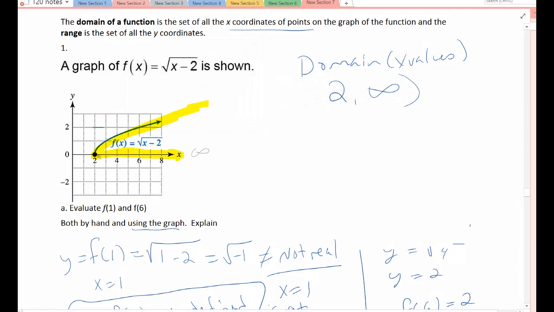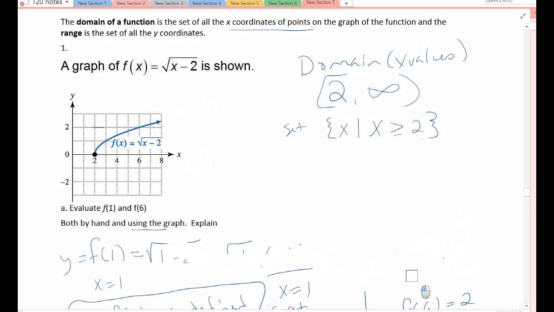At infinity we put parentheses, but at 2 that point is solid there, it exists, and so that would be brackets. Using set notation, it's every x such that x is 2 or bigger, right? X is greater than or equal to 2. And there's my domain.